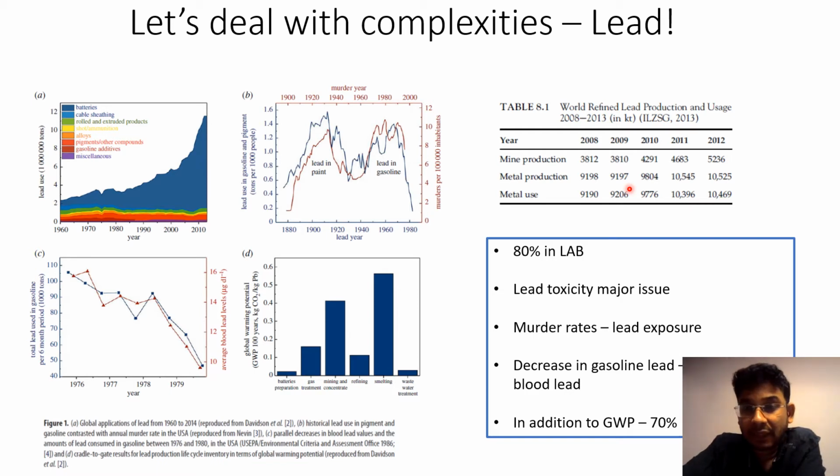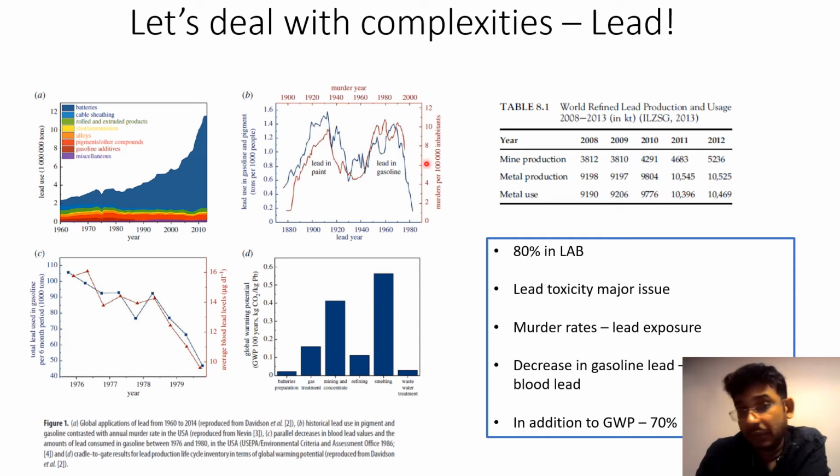The metal lead is very important because we use it in lead acid batteries, but lead toxicity is also a known and major issue. Interestingly, I think a journal, Environmental Research, did this digging, where they found that when there is an increase of lead in paints and gasoline, you have an increase in murder rates, because lead is associated with neurotoxicity and lead in blood, and also even robbery and sexual assault.